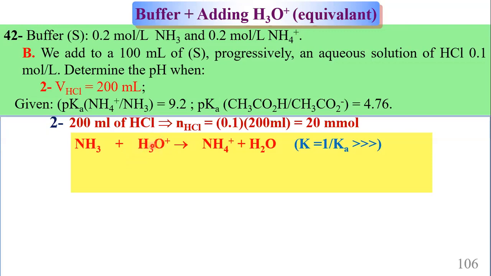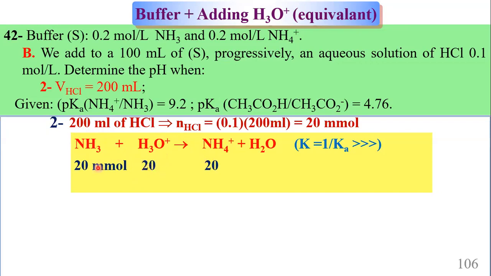And who will it react with? Yes, it will react with the base of my buffer. Who's the base? It's the ammonia, not the ammonium. So it's a neutralizing reaction of the H3O plus with the base of the buffer. Again, now we have 20 millimoles and 20 millimoles as reactants and products.